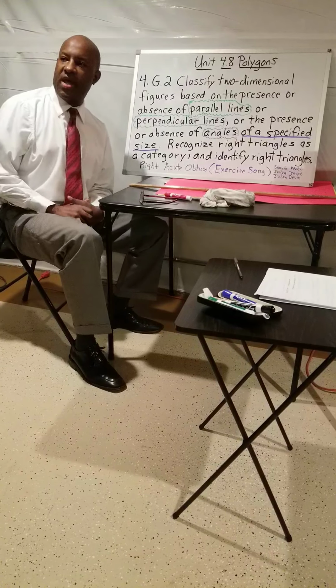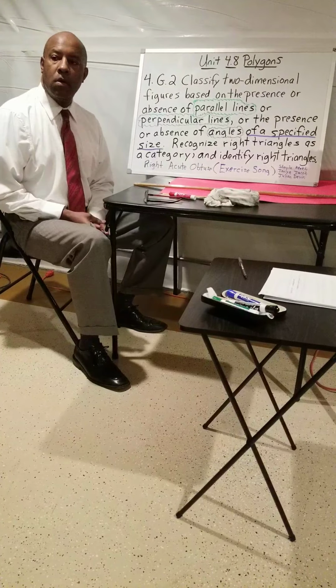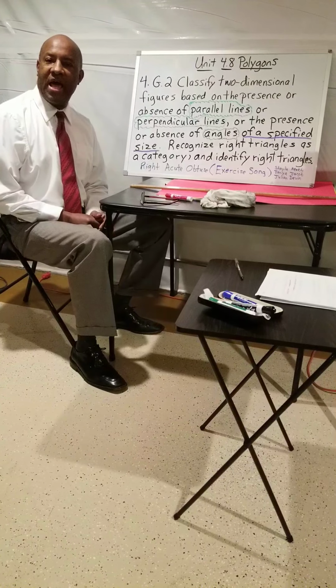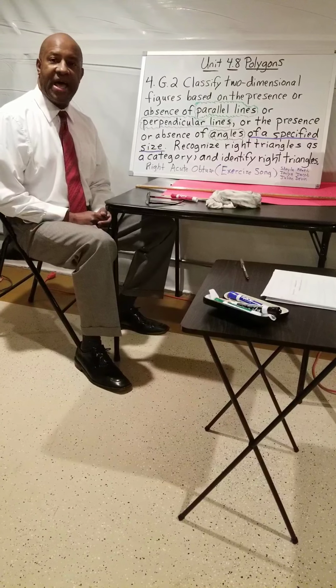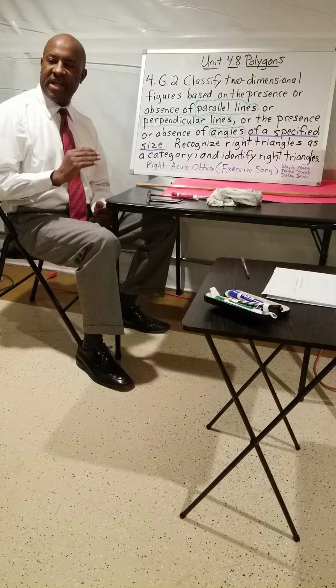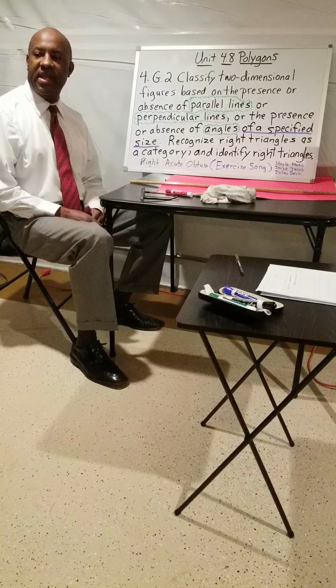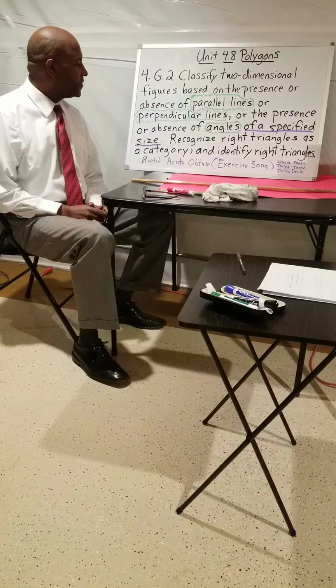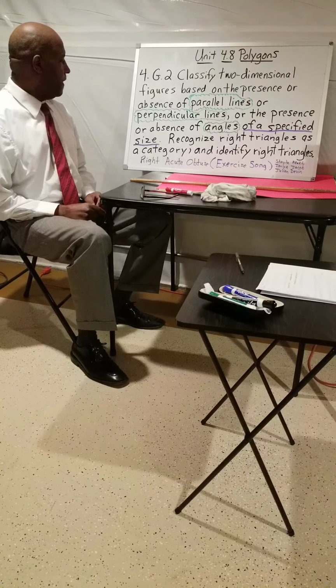So just as a quick review, we know that parallel lines, boys and girls, are lines going from side to side, and those lines will never, ever, ever touch. Okay?